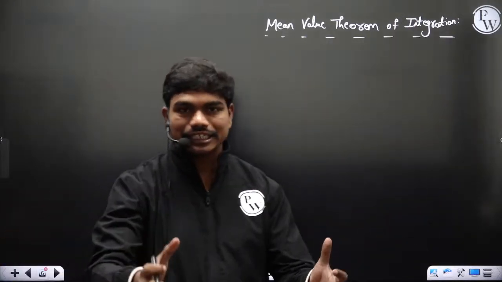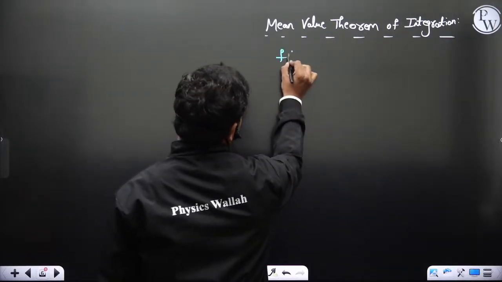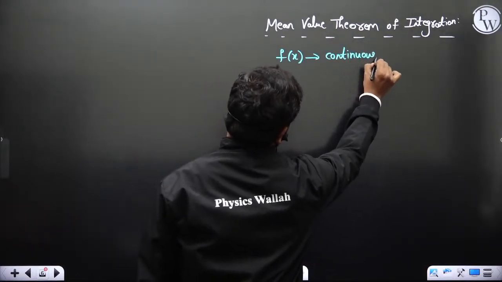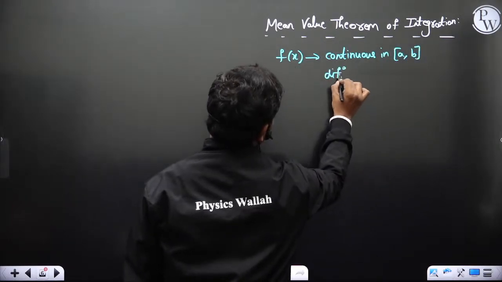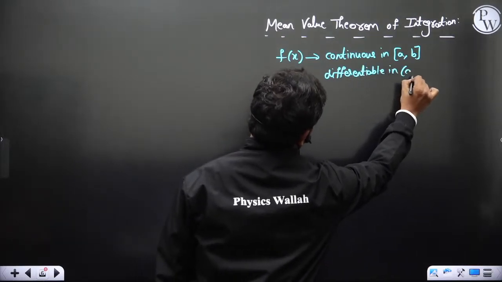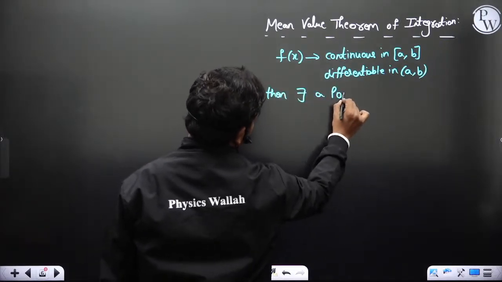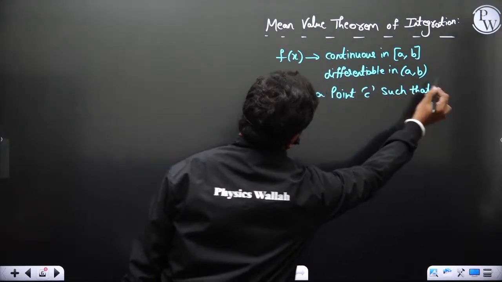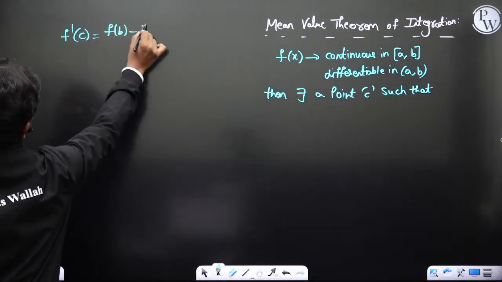Normally if you have any function f of x that is continuous in some interval a, b and also differentiable in a, b, then there exists a point c such that f dash of c is equal to f of b minus f of a by b minus a.